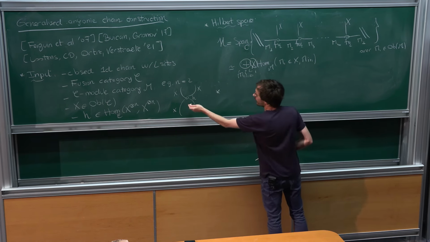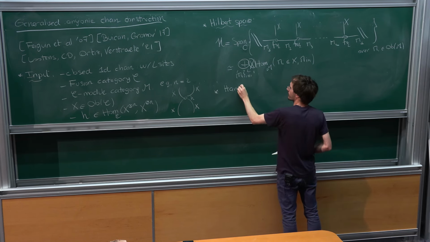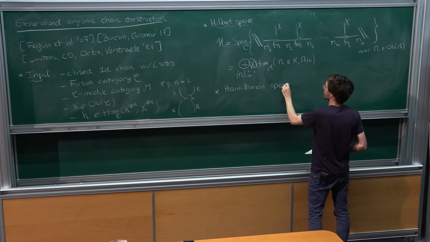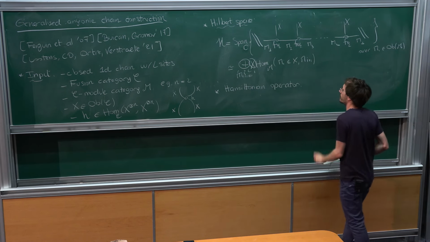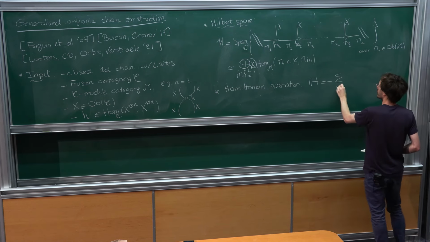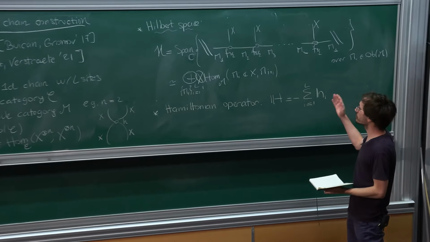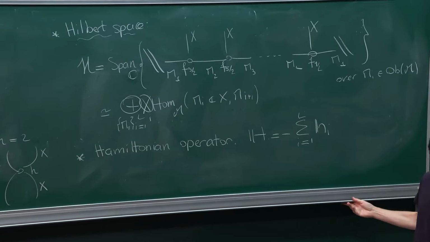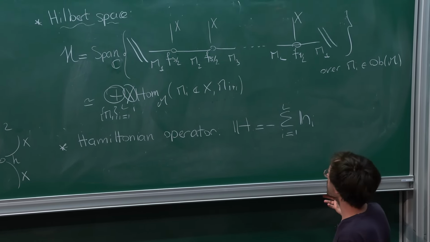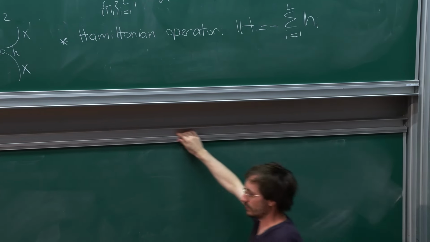Okay, so now the Hamiltonian operator. Basically it's going to be how does that thing act on that thing? The Hamiltonian operator in general is a sum of local operators, where H_i essentially acts trivially away from the site i, but in some neighborhood of i it acts non-trivially, and it acts in the following way.